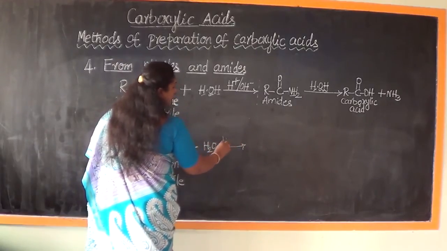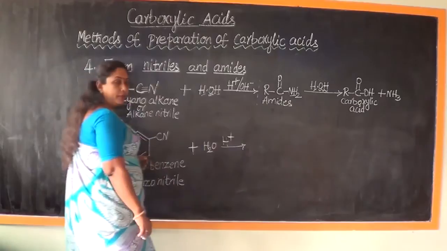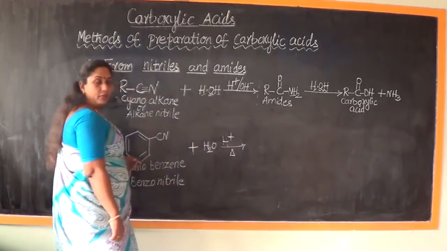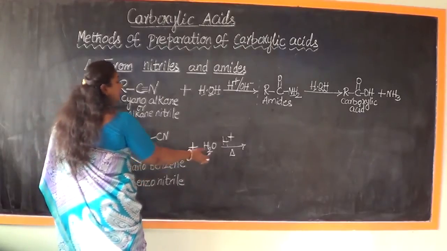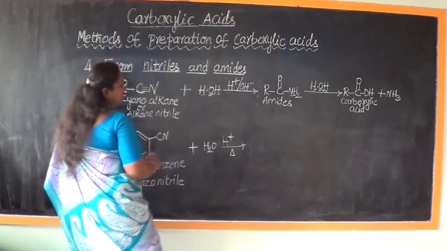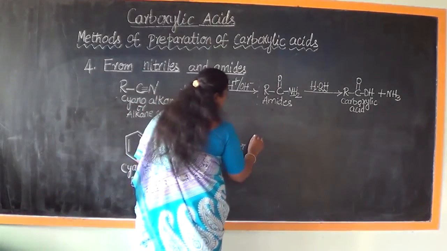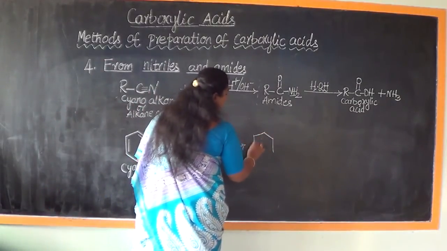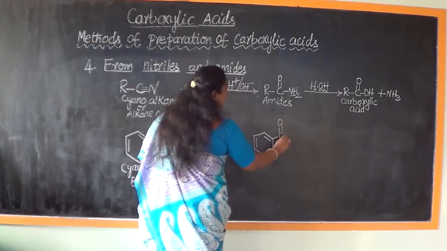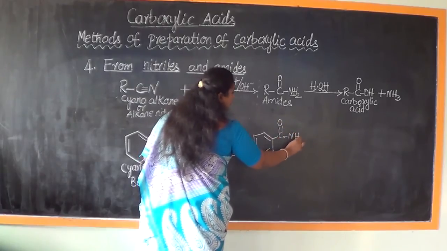So this is subjected to the process of hydrolysis. So acid hydrolysis we carry out, in the presence of an acid, which is indicated by H+. Now what happens? The O takes attachment with C and H2 with N. So what will be our product? CONH2.